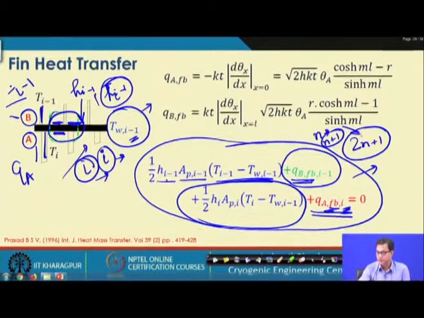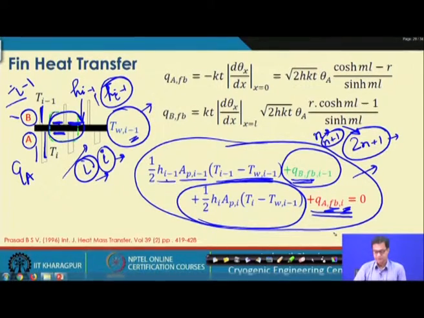So, altogether 2n plus 1 such equations we would be able to frame, and those become algebraic equations. Then we need to solve those equations to find the wall temperature as well as the fluid exit temperature, and that is exactly what we were looking for to simulate the plate fin type heat exchangers.